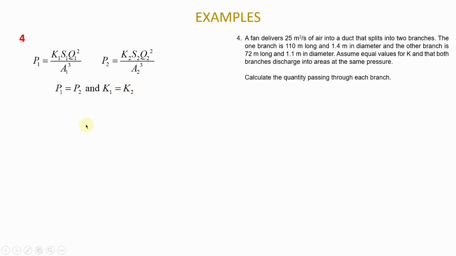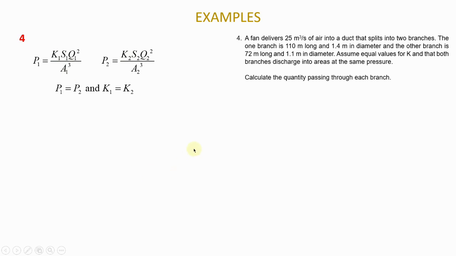What is very important to see here is that if P1 is equal to P2, you can make this expression equal to that one. And because K1 is also equal to K2, you can even simplify these and take them out.